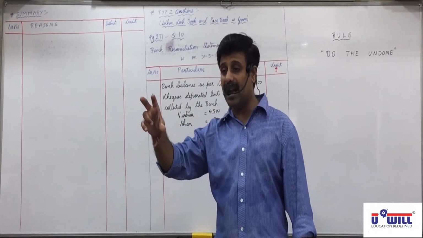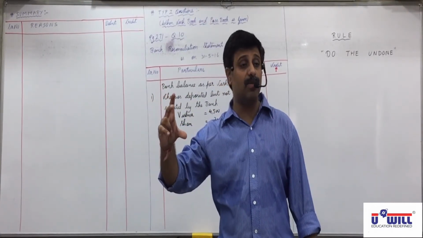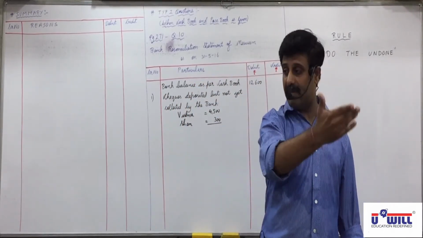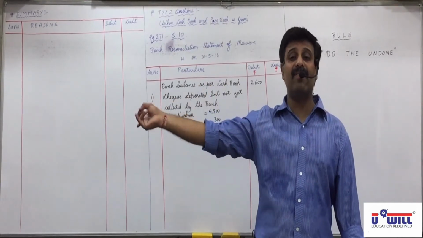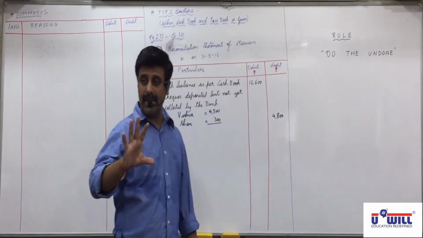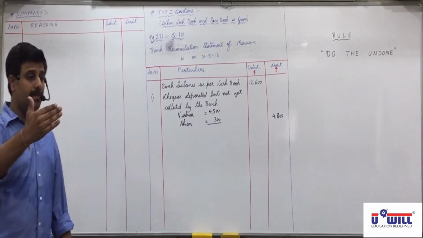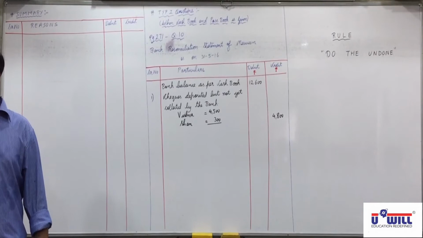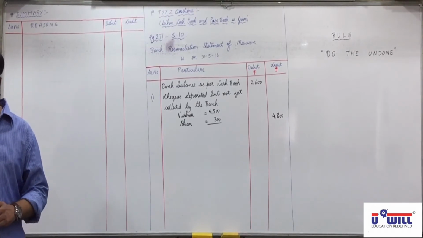So what reason will we write for these credit side items of the cash book? Checks issued. Repeat: checks issued. Issued means given, but not presented for payment. Did you understand this, everyone? We have given them the checks, we have issued them the checks, but they are not presented for payment. Any confusion in this?